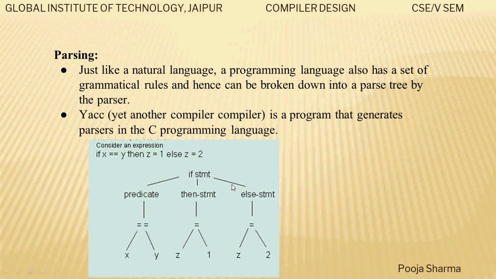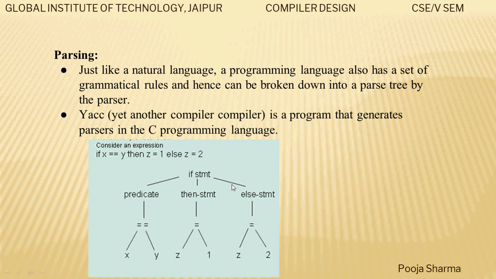It is on the parse tree that the further steps of semantic analysis are carried out. This is also used during intermediate code generation. YACC, yet another compiler compiler, is a program that generates parsers in the C programming language.